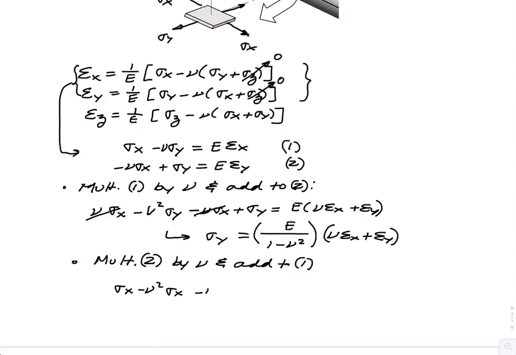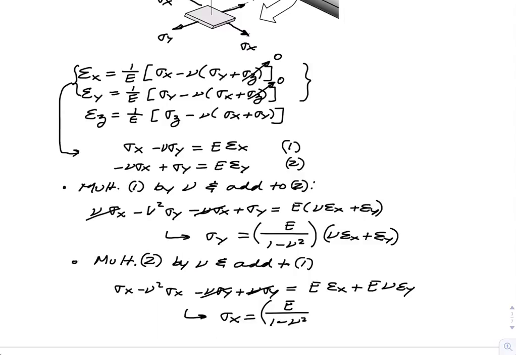I have minus nu sigma y plus nu sigma y. And so on the right hand side, what I have is E epsilon x plus E nu epsilon y. Of course, these cancel out. I'm able to end up with sigma x equal to E divided by 1 minus nu squared times epsilon x plus nu epsilon y.